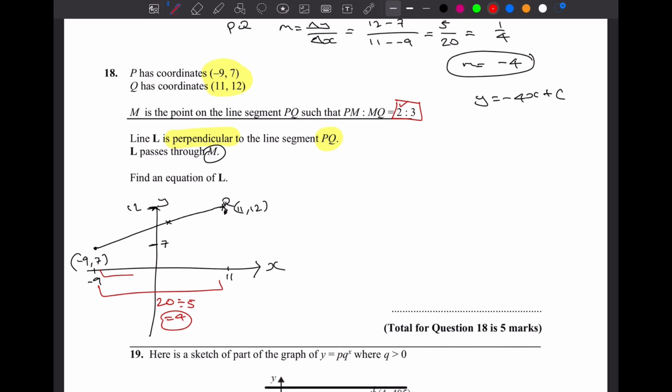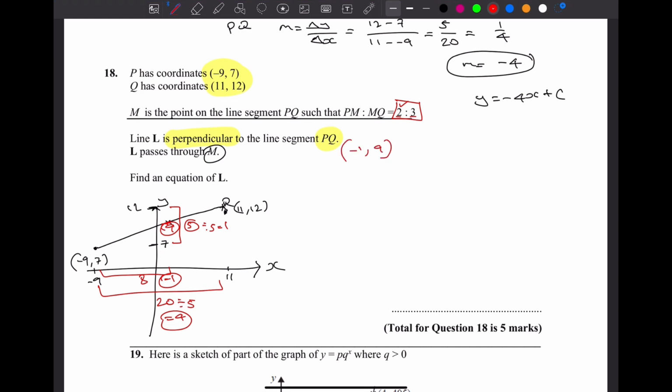From here to here needs to be 8, so minus 9 plus 8 is minus 1. And 12 to 7 is 5, split into 2 and 3, so divided by 5 makes 1. Then 2 parts up, so 2 times 1 is 2, which makes it 9. So the coordinate you have is minus 1 comma 9.